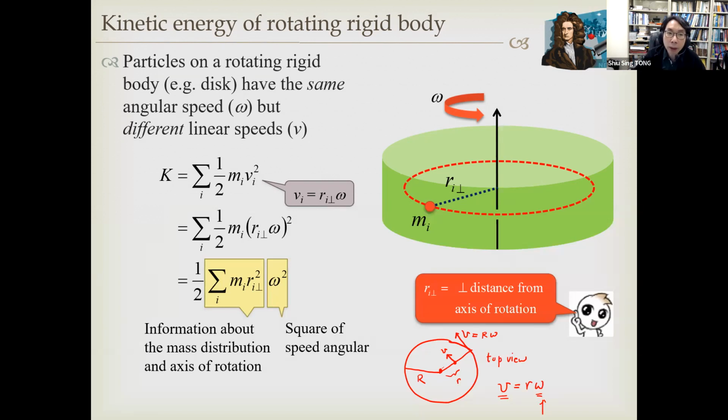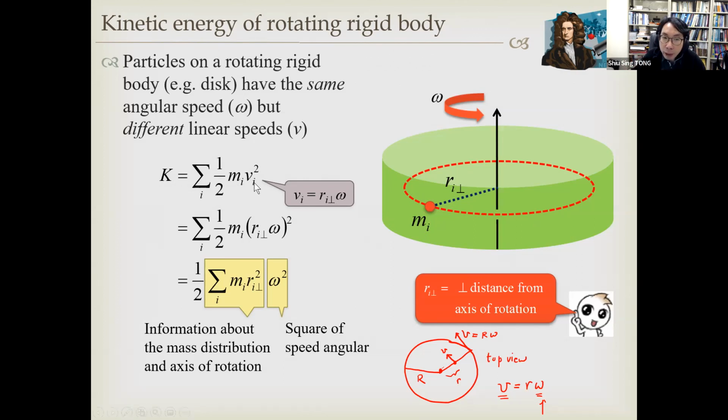Now, when we want to describe the motion of the disk and write out its kinetic energy, we look at one particle at first, and this particle m_i is at distance r_i perpendicular from the axis, right? So its kinetic energy is half m_i v_i squared. If I form a sum of all the particles' kinetic energy, it becomes the object's total kinetic energy of rotation, right?